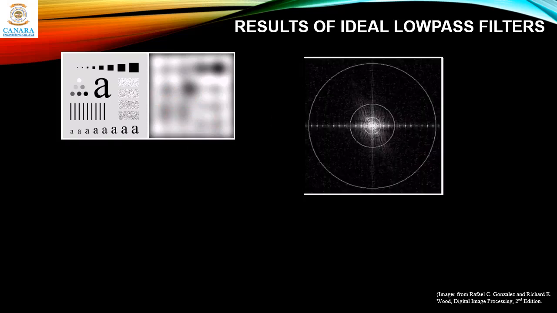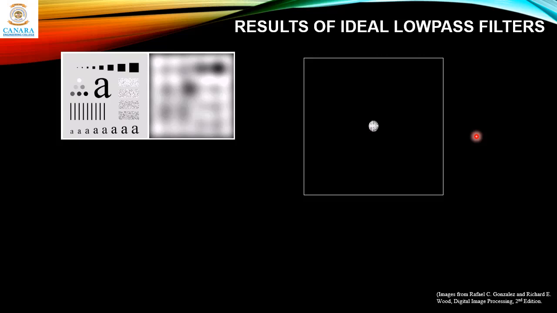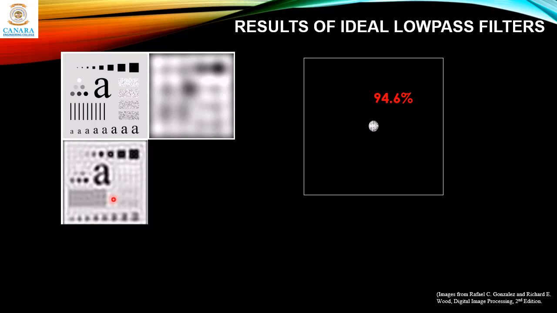Next, if we again clip the spectral components, let us choose a bigger circle, or bigger diameter. Let us choose this one. With this, we retain 94.6% of the original image power, and this translates to this image.